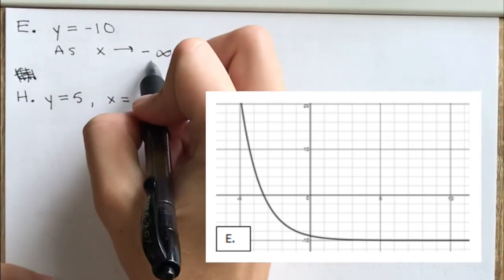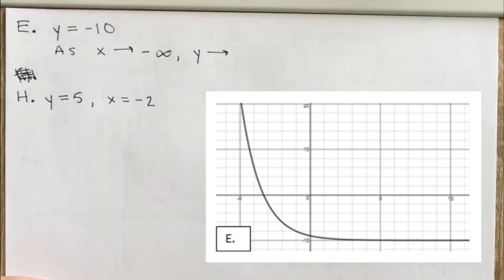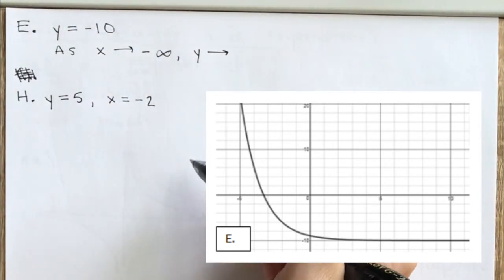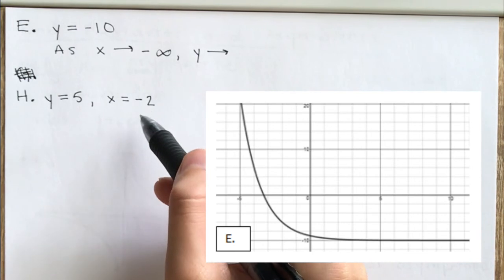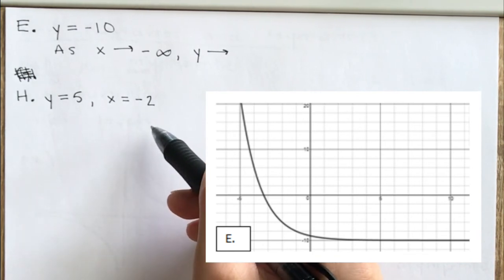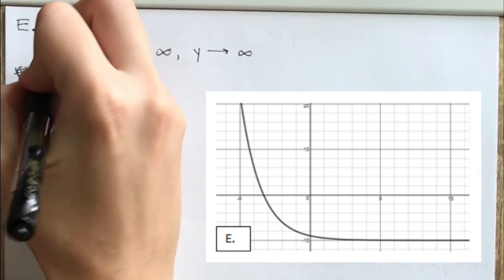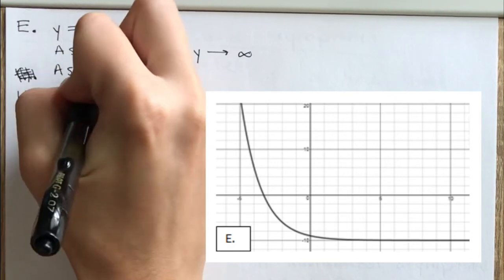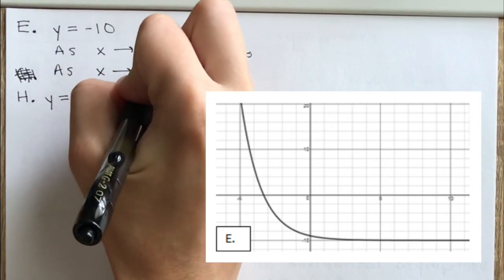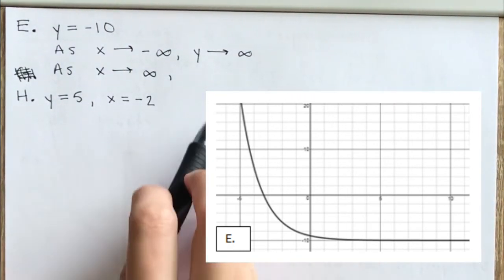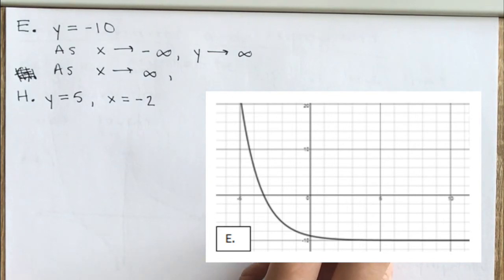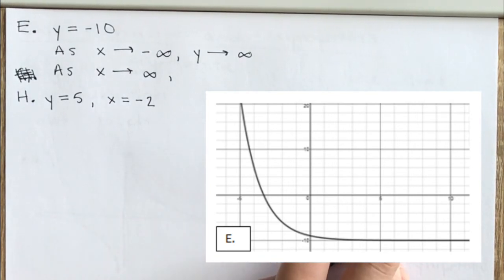As x approaches negative infinity, so as we move off the graph to the left, what's going on with the y values? They're getting really, really large. So y is approaching infinity. As x approaches positive infinity, as we move off the graph to the right, looks like we're kind of leveling off.